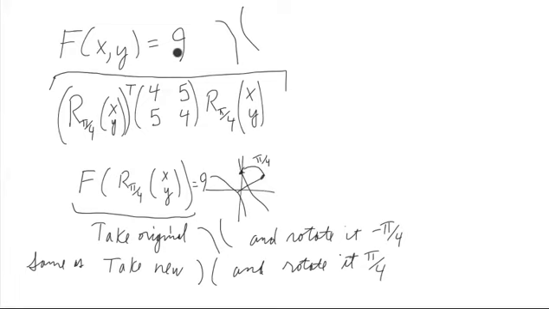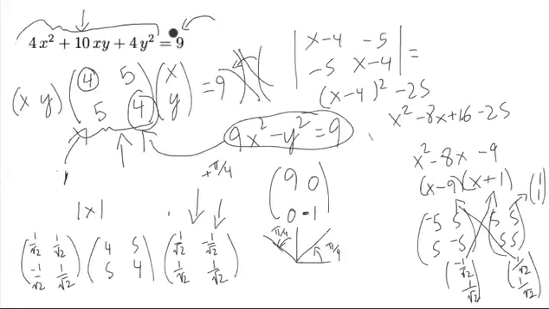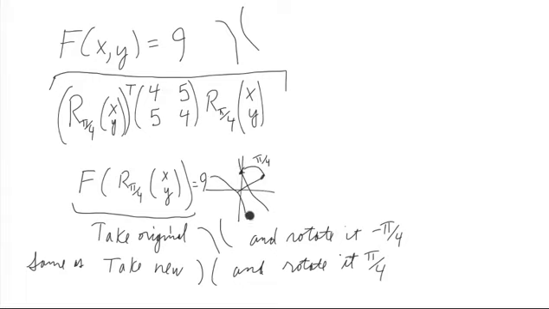Currently, the graph f of x, y equal to 9, where f of x, y is simply this part right here, looks like that, tilted. So when we put this in, we're taking the graph back pi fourths. So this graph goes backwards pi fourths. The effect is to have a graph like this.